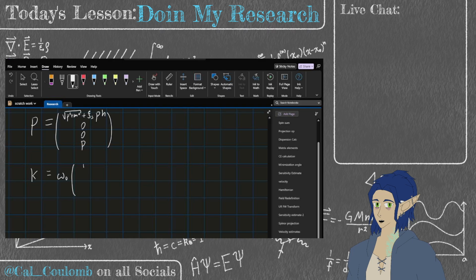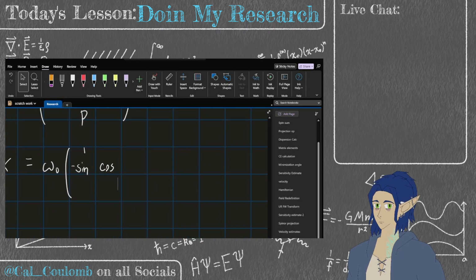And then we have our minus sine theta 1 cosine phi 1. I think actually the notation used in some of the papers for related things uses 0 index here. Theta 0 cosine phi 0, minus sine theta 0 sine phi 0, and then minus cosine theta 0.